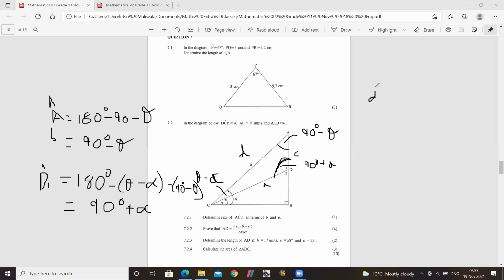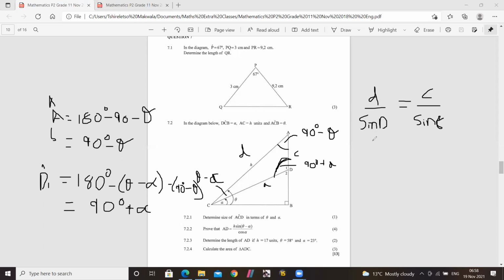So you're going to say D over sine D, right? Then what do you want? You want AD, right? AD is C. So C over sine C, right?